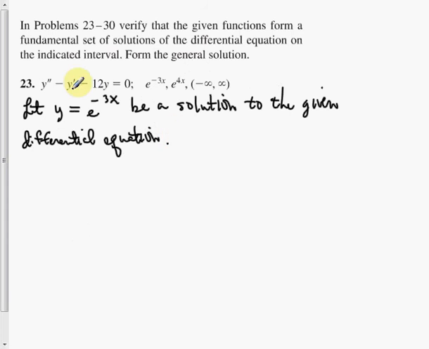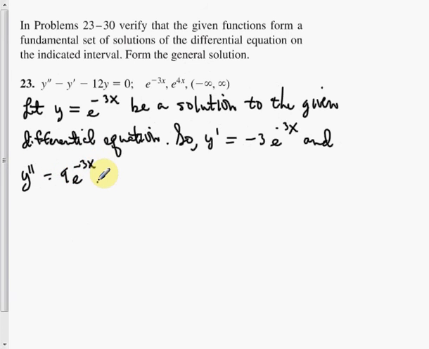Now in the differential equation, there's a y, there's a y prime and there's a y double prime. So y prime is negative 3 times e to the negative 3x, and y double prime is 9 times e to the negative 3x.